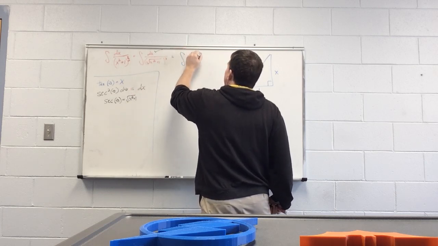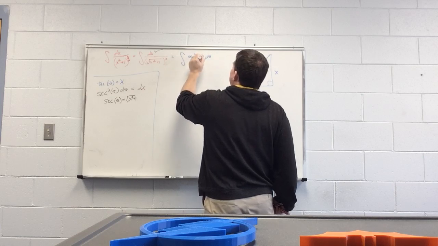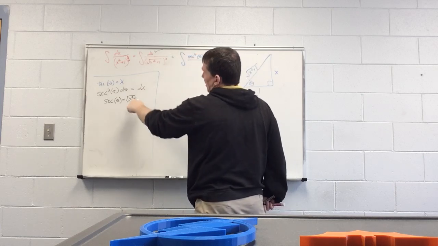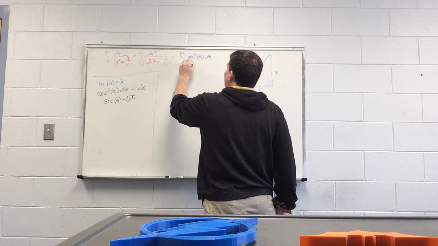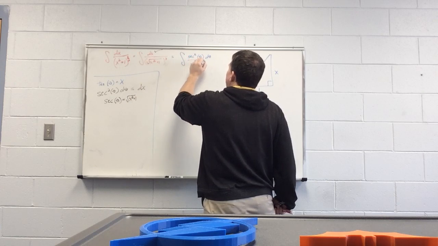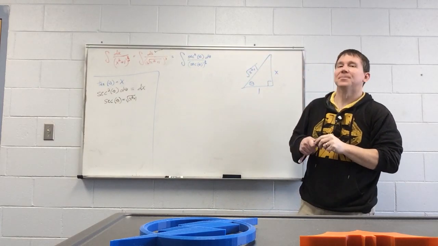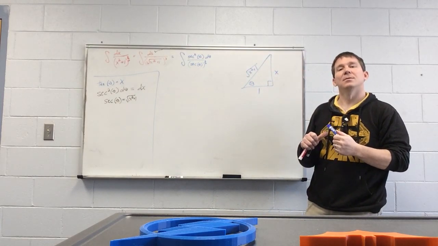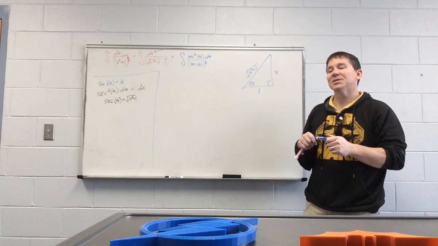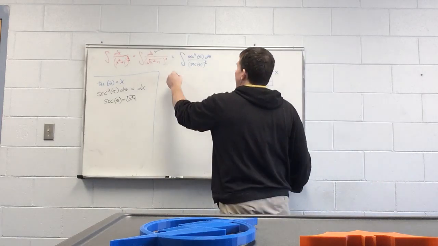Dx is secant squared theta d theta over the square root of x squared plus 1, which is secant theta raised to the 3/2. Now I just need to find a way to solve that out.